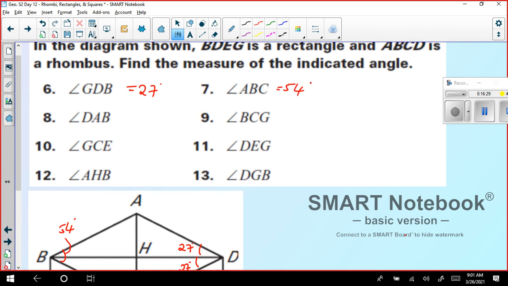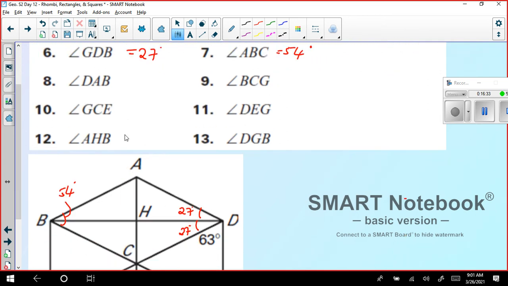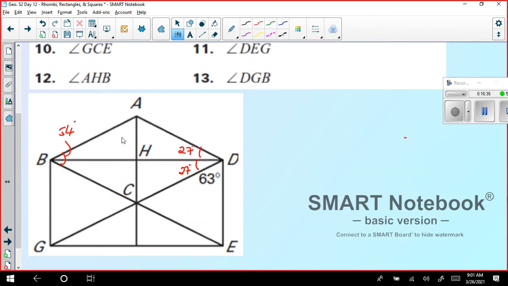Then next, angle DAB. They want us to get this particular angle DAB. We have the property which says that adjacent consecutive angles in a parallelogram add to 180. Angle ABC is 54, which is adjacent to angle DAB.